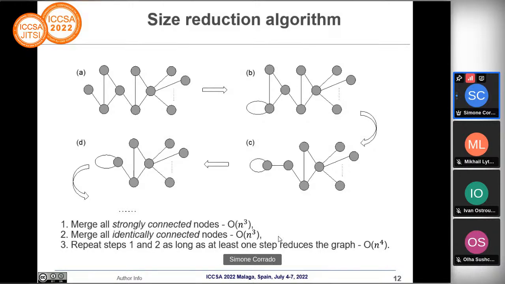So you should iteratively apply both merging steps, and the final complexity of those steps becomes O(n^4), which is large, but the time it takes is negligible compared to the time it takes to solve the problem exactly. This problem could be solved exactly probably for networks of sizes up to several hundred. So the time spent reducing the size is negligible compared to the time the solver takes.